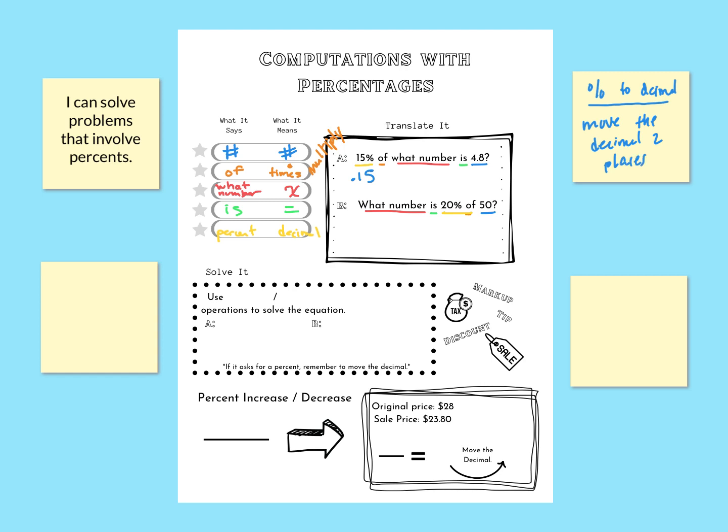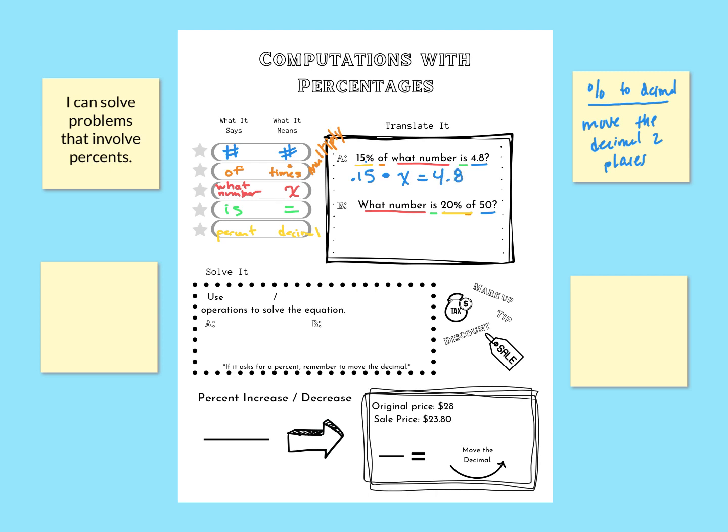So 15%, when there is no decimal, there's one at the end, and you move it 2 places to the left, becomes 0.15. Of means times. What number? We don't know something, we use a variable. Is means equals. 4.8 stays 4.8.